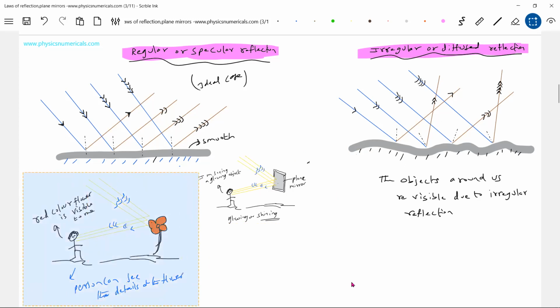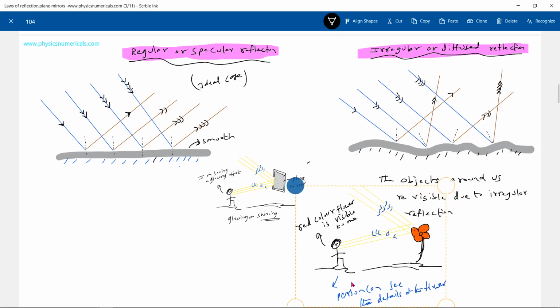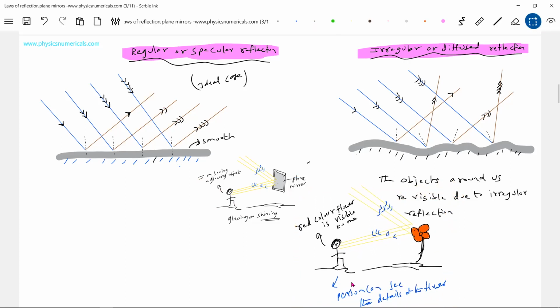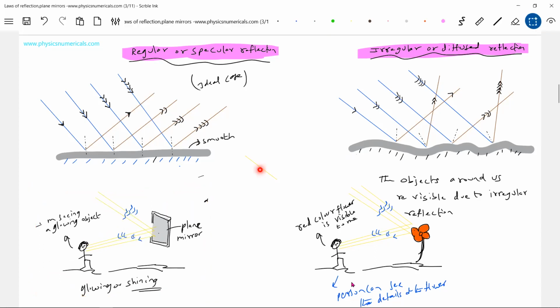Let me rearrange so that confusion will not be there. Okay, now these two diagrams correlate. We're able to correlate the example.